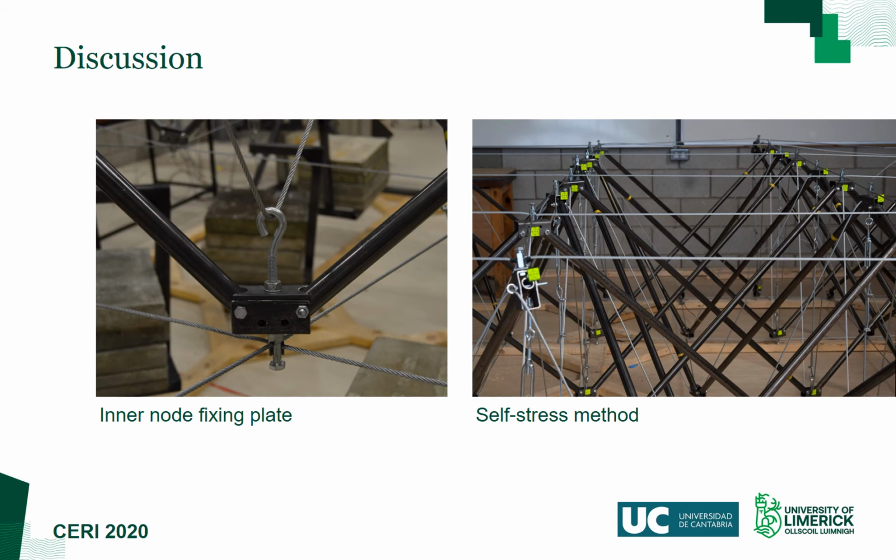In contrast to these details, the TOI-GL analysis model considers perfect pin-jointed nodes with no eccentricity, no rotation, no bending moments, no friction. And as such, differences between the measured and the theoretical values are not unexpected.